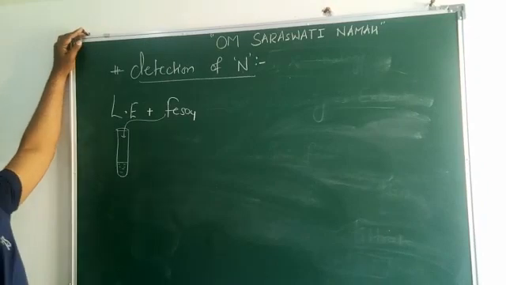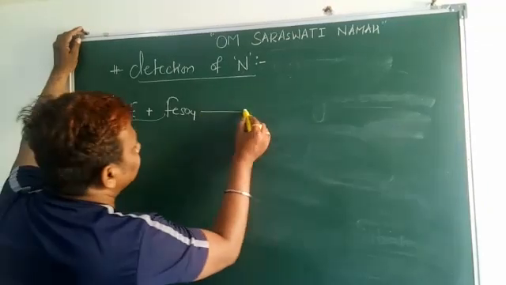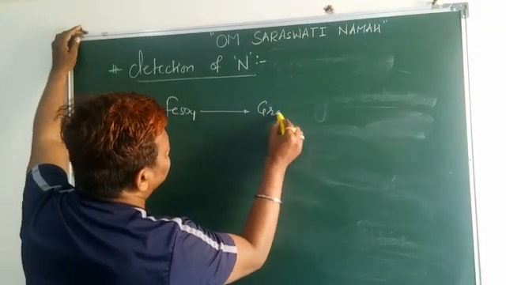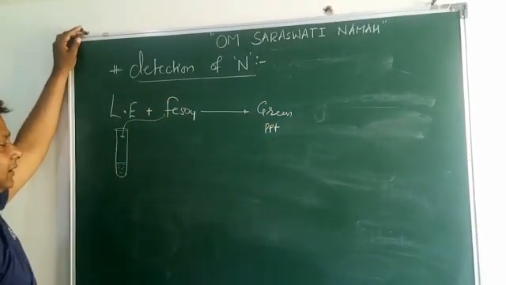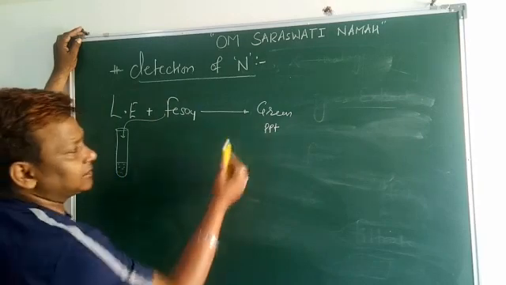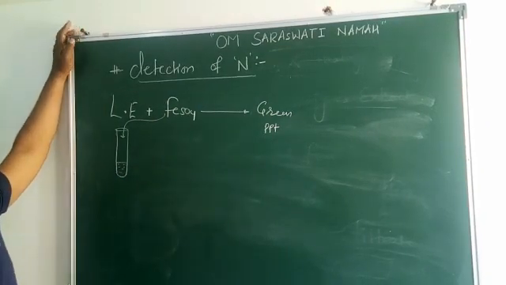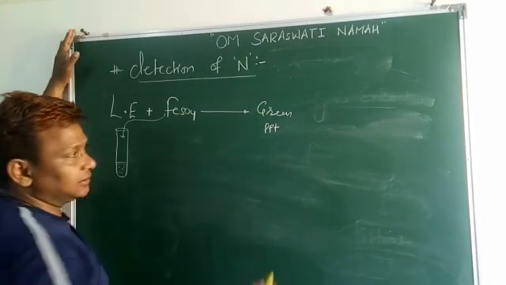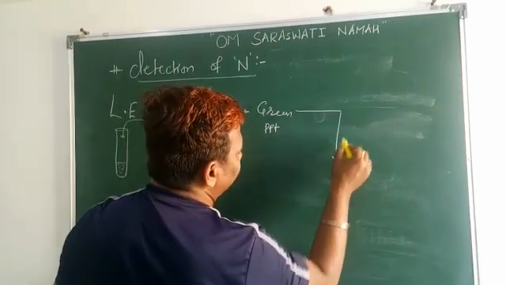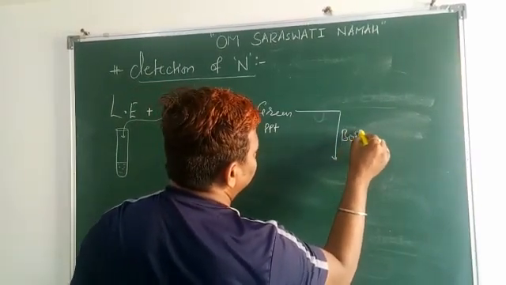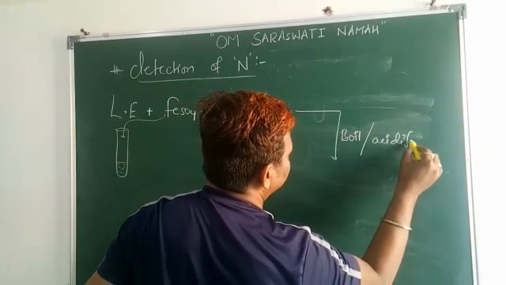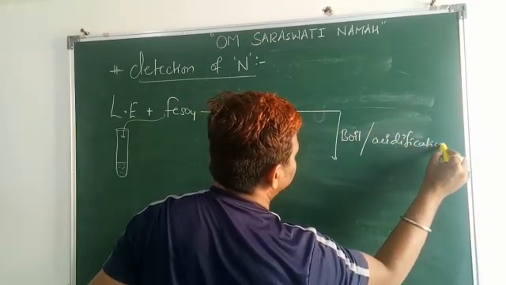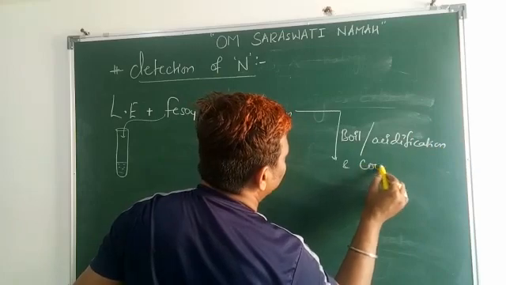By adding the freshly prepared FeSO4 on it, we are getting a green color. We are getting a green precipitate. It is colorless, but here we got a green precipitate. As soon as we got the green precipitate, you should go with boiling. Then you should do acidification by adding a few drops of acid on it, and then cool it.